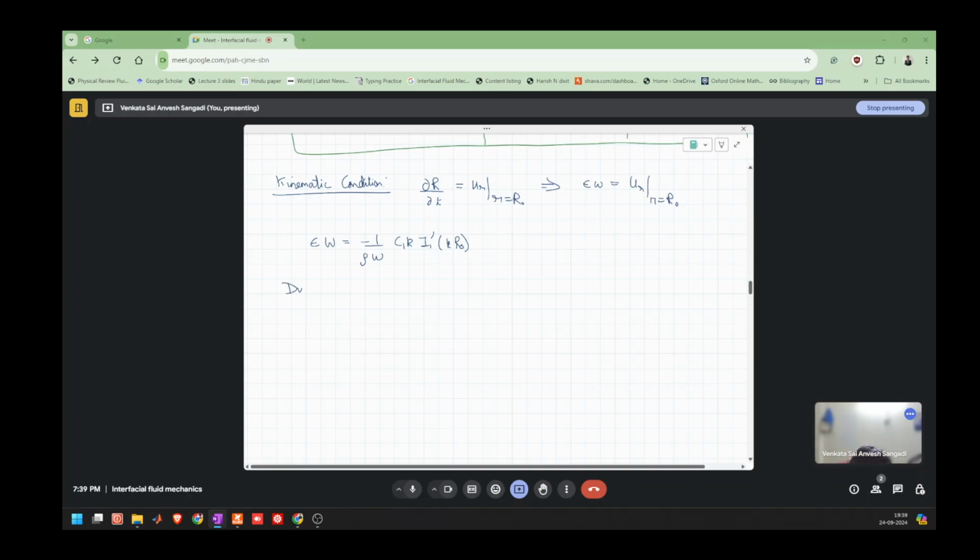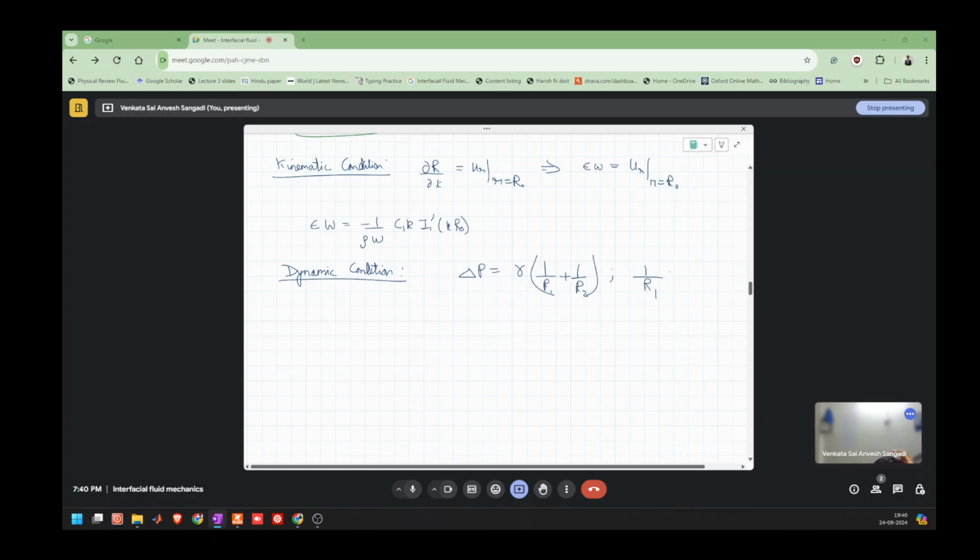The dynamic condition on the interface is given by del T is equal to gamma (1 by R1 plus 1 by R2), where 1 by R1 is one of the radii of curvature, which is R naught.